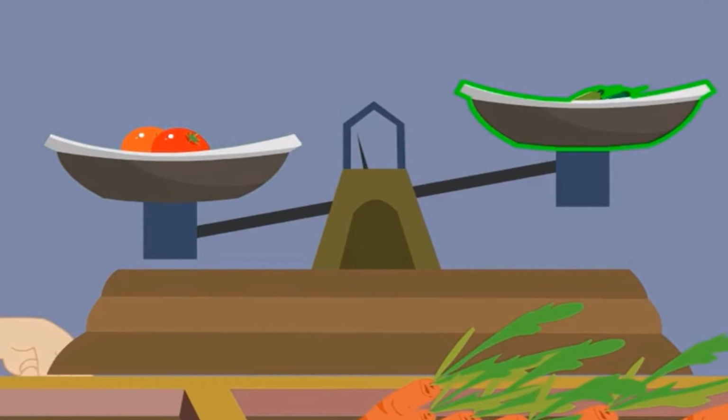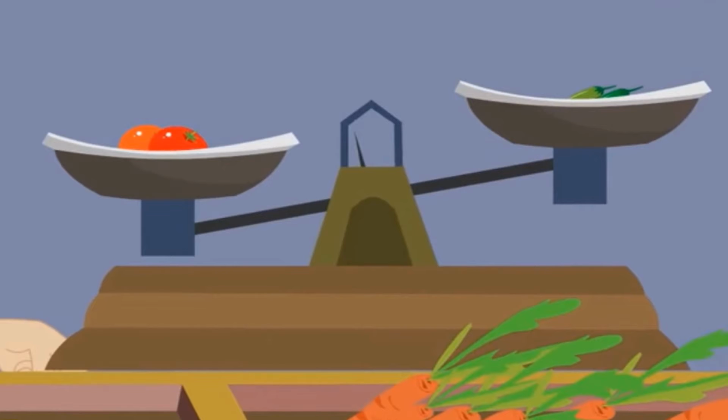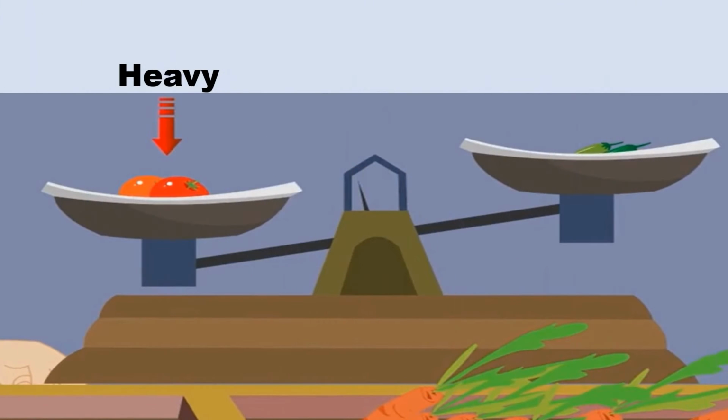The pan with the 2 chilies went up. So, which is the heavier object? As the pan with the tomatoes went down, it means the tomatoes are heavier.